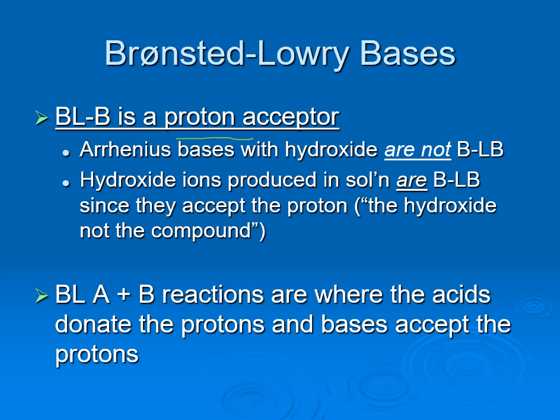And this is where it does split from Arrhenius, because Arrhenius was talking about hydroxides, and Bronsted-Lowry are simply saying it's accepting the proton. So it has nothing to do with hydroxides, it's all about that proton. So Arrhenius bases, hydroxide ions produced in solution, are Bronsted bases because they accept the proton.